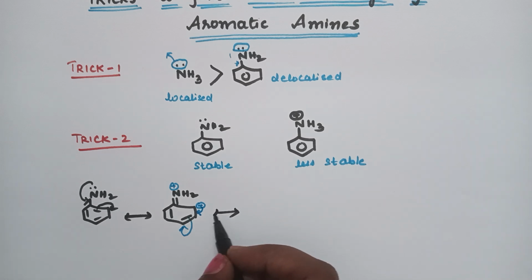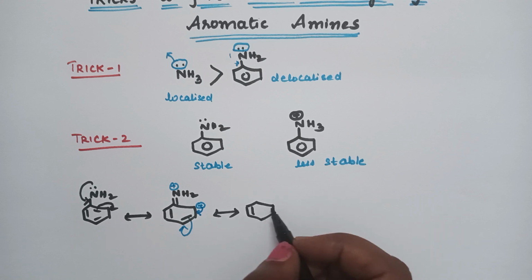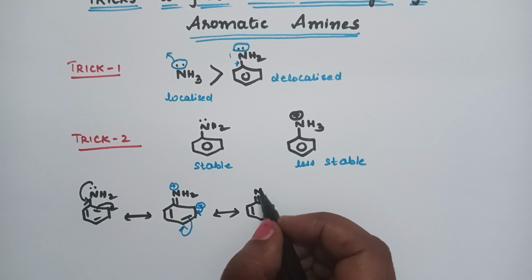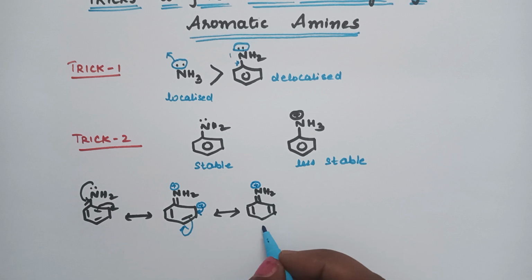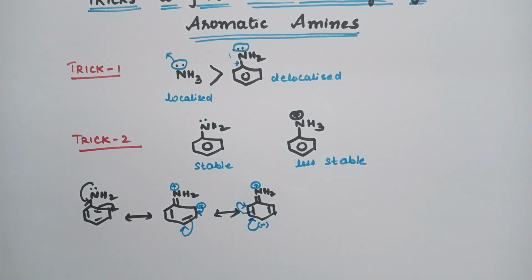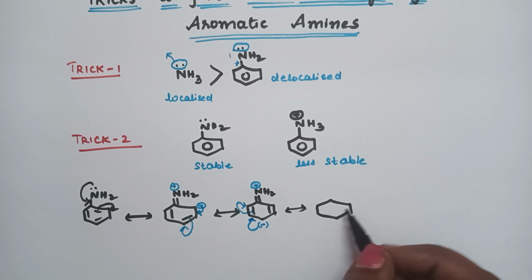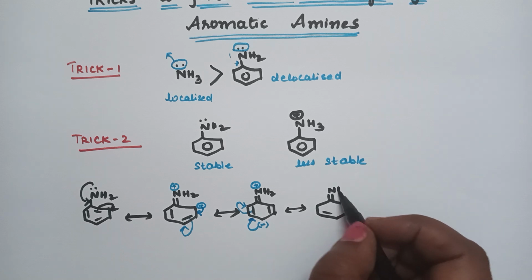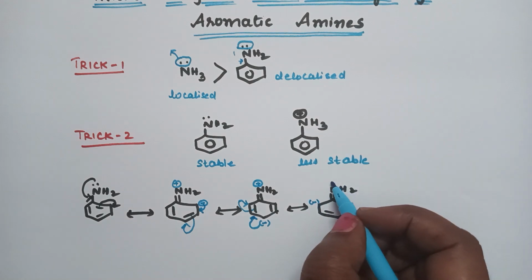So you will get a double bond here, NH2, with a positive sign on nitrogen and a negative sign here. Next step, the negative sign will shift here and this bond will shift to this carbon. So you will get a double bond, NH2, with a negative sign here and a positive sign here.